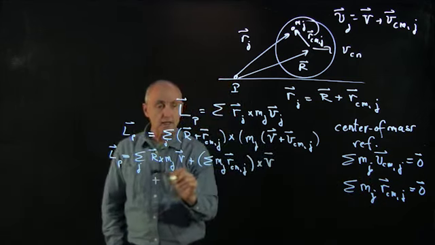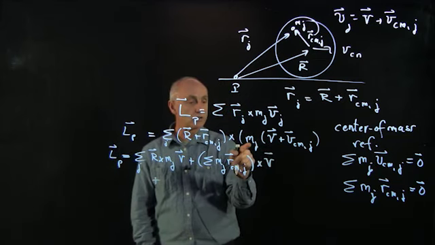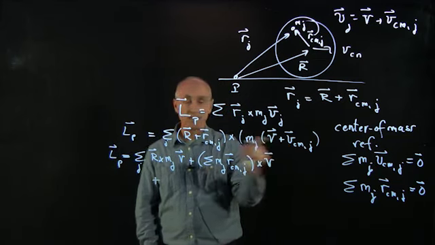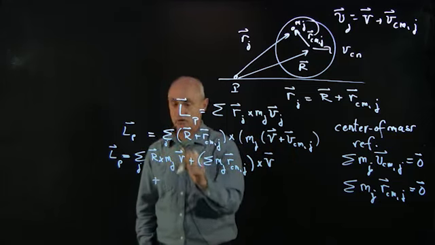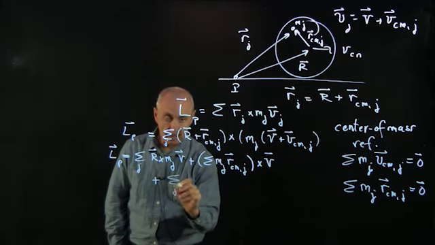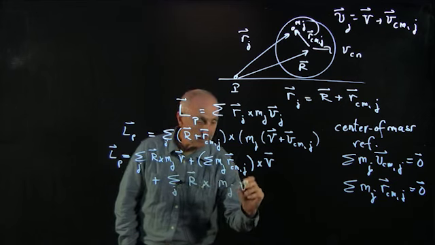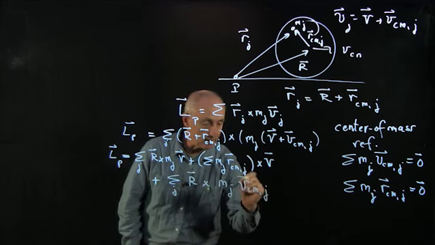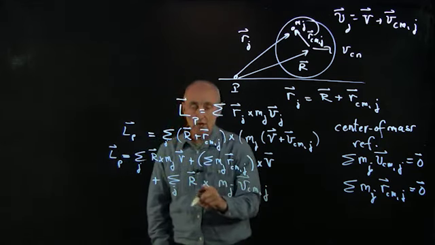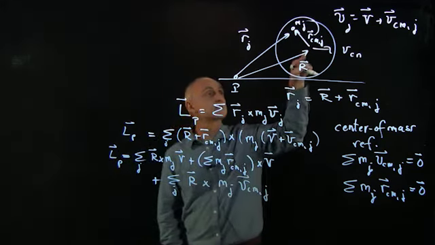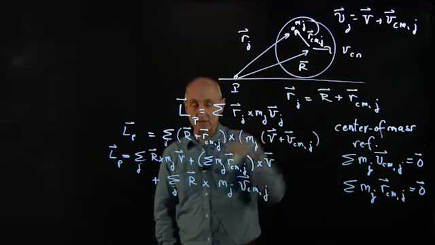The next term is when I take r cross mj vcmj, summed over j. But again, remember that r is the same vector. It's just from P to the center of mass.